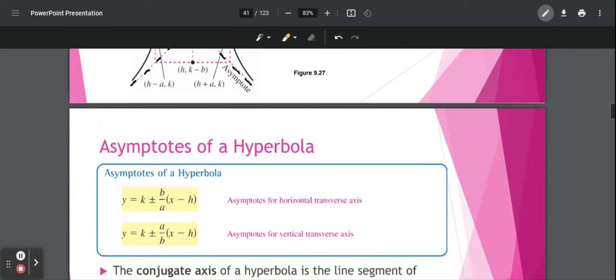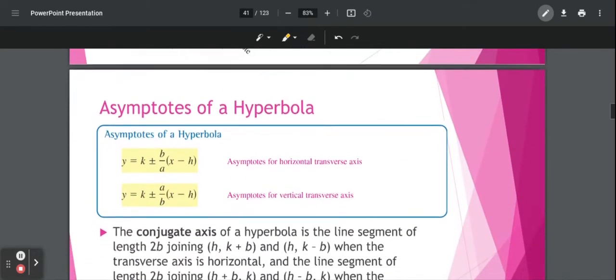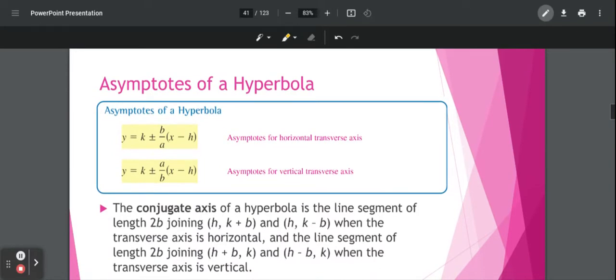And so the formulas for your asymptotes, and again, this is on your formula sheet. If you have a horizontal hyperbola, you use the formula y equals k plus or minus b over a times (x minus h). Or you use y equals k plus or minus a over b times (x minus h) if it's vertical.